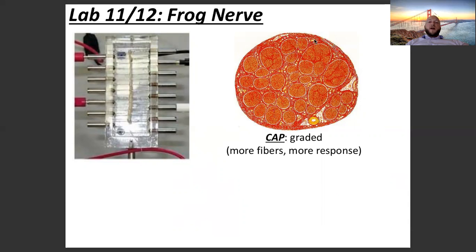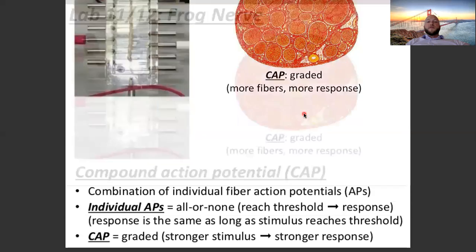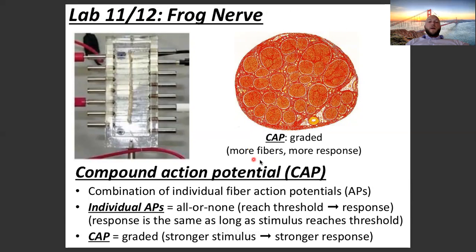When you have lots of different axons, or 1,500 in the case of the frog nerve, you have a compound action potential. Let me take a step back. You have the potential for a compound action potential when you have a bundle of these axons together. A compound action potential is the combination of individual fiber action potentials.